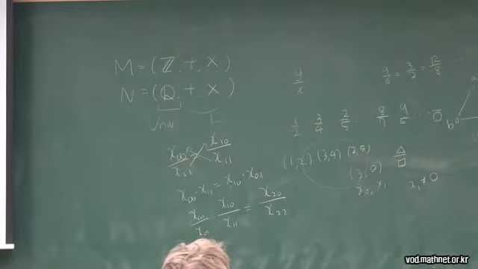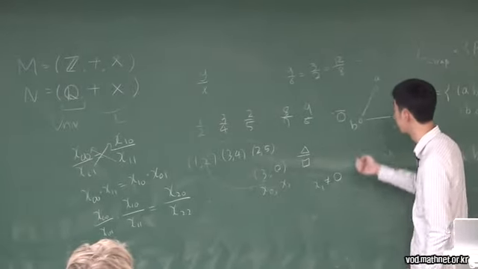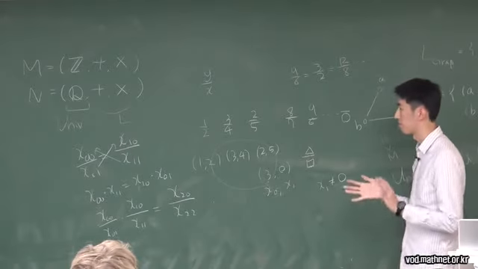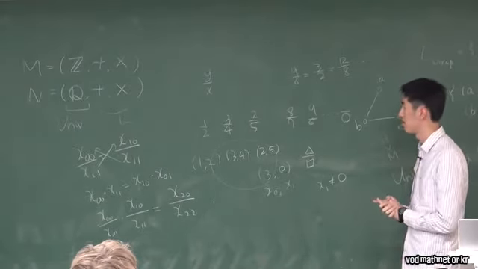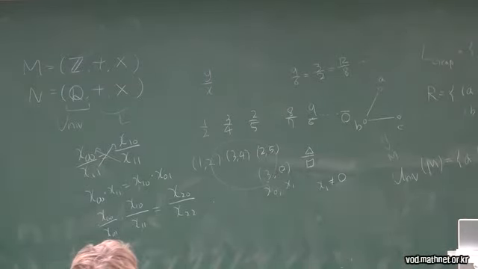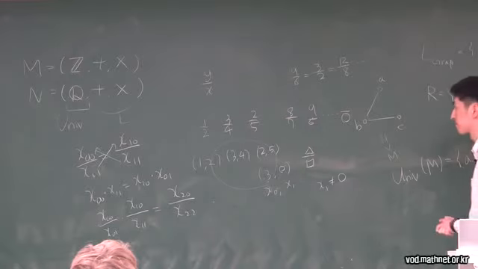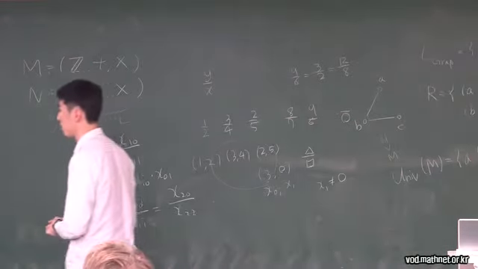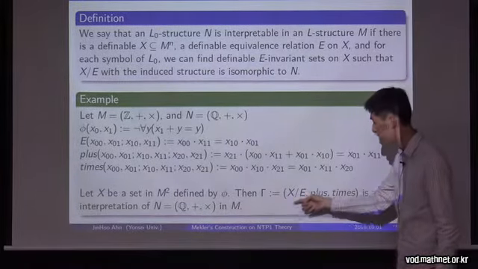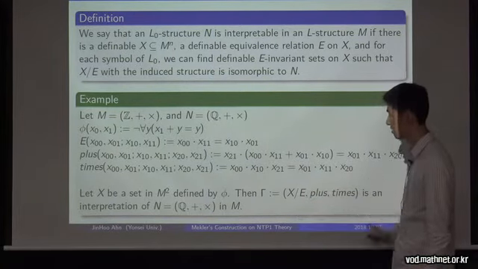We defined the domain, that is x1 is not 0, and we defined the equivalence relation to say this equivalency, and then we define the plus, we define the times. So the result is that we can define the structure Q inside the structure Z. So that's the interpretation. For interpretation, we use the gamma notation. So gamma and this equivalency and plus times.